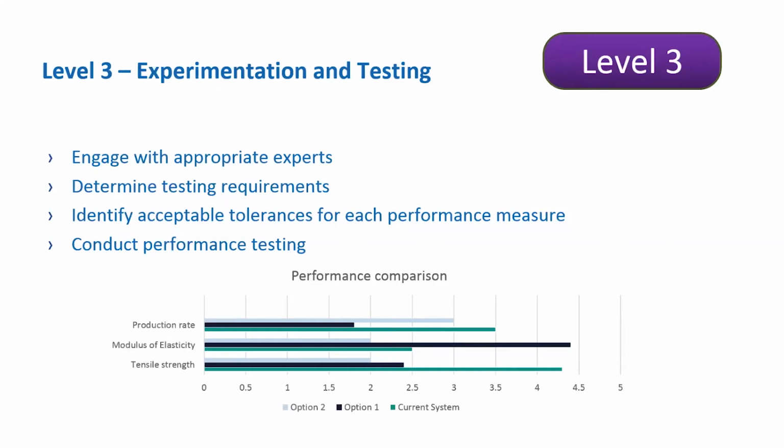At this level, you need to engage with appropriate experts, such as process engineers or scientists like chemists or materials scientists, to help you design the appropriate tests and to identify the variables with which to experiment. You will need testing facilities either in-house, at a contract facility, or through an academic institution partnership.